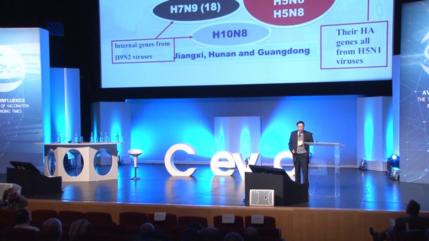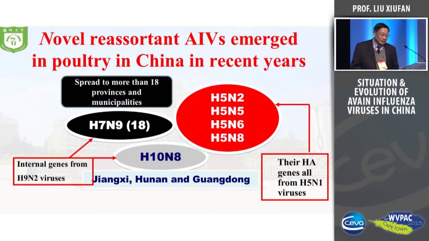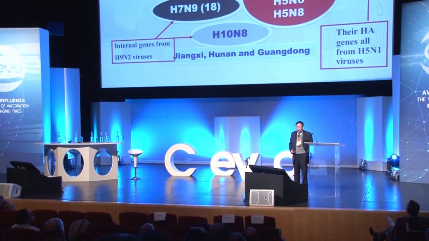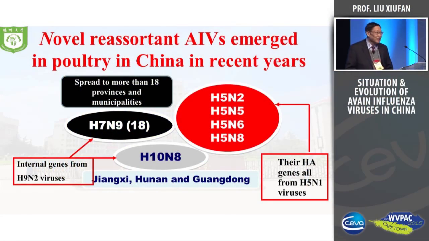Both of these two viruses derived their HA gene and internal genes from the overwhelmingly dominant genotype of H9N2 viruses. And also we have different NA types of the H5 viruses, altogether 4. All these H5 viruses derive their HA gene from Asian H5N1 virus.